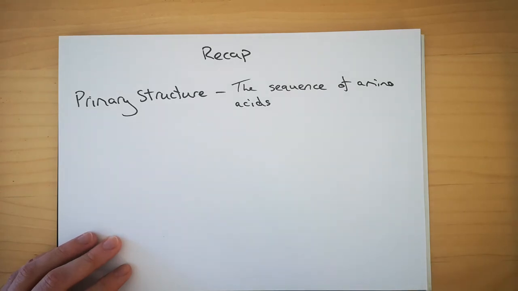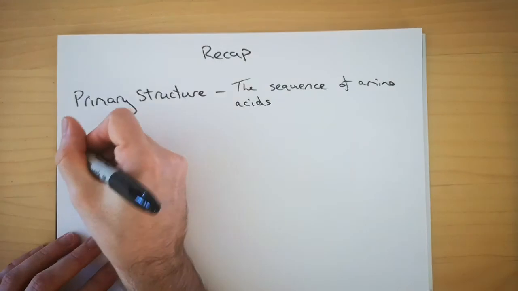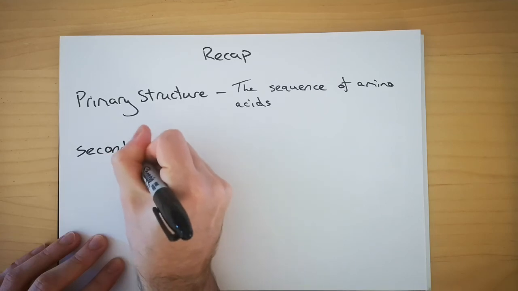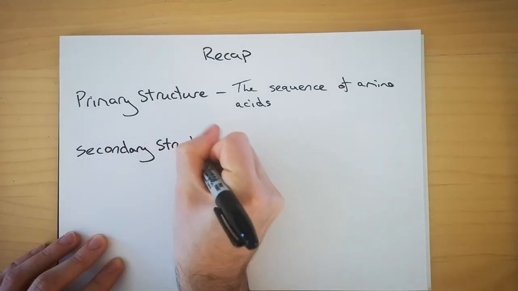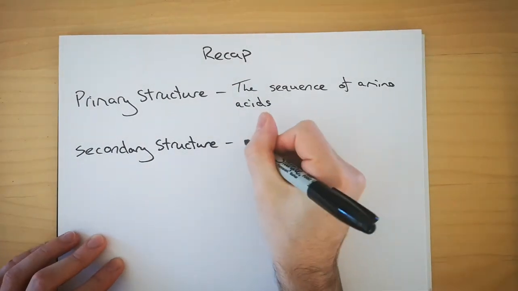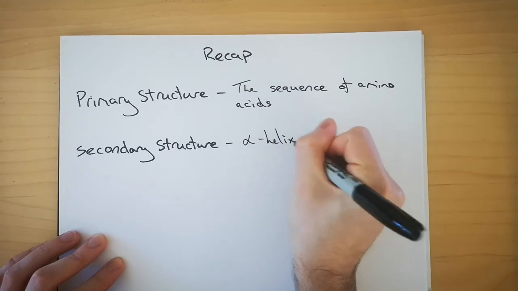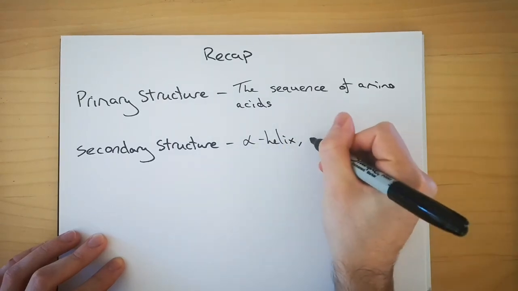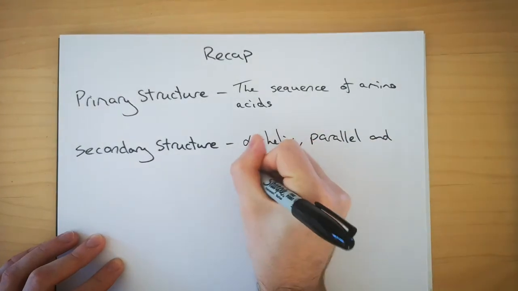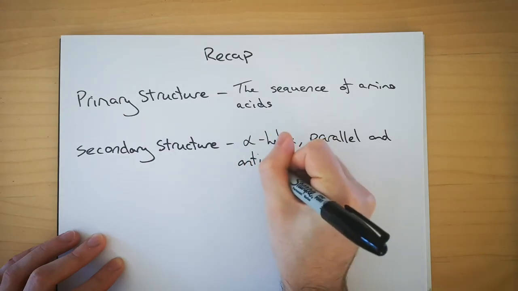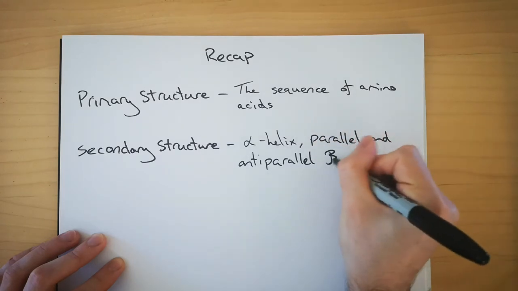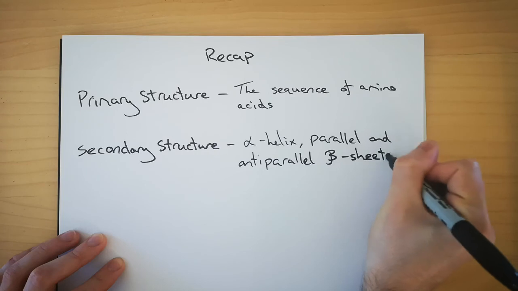Now, the first major conformational changes we talk about as the secondary structure. So these are like the big main things that form, and these are the alpha helixes, the parallel and anti-parallel beta sheets.